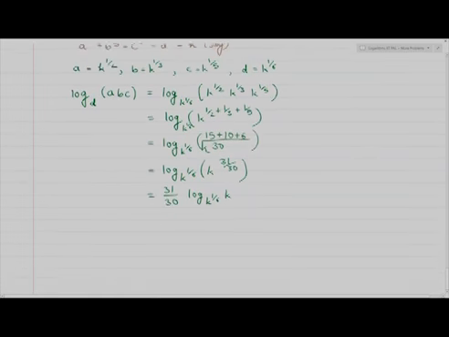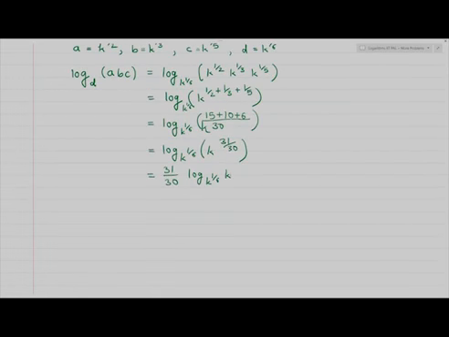So I want to find this answer. How will I find this answer? It may be difficult to find, but I have one rule which I have not used so far. It's the change of base rule. I think I am getting the first opportunity to use it. What does the change of base rule say?